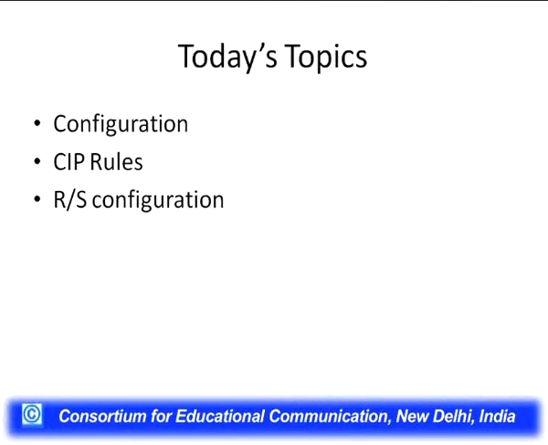We will talk about what configuration is, how we define configuration on the basis of its types, and then deduce the configuration using some rules called CIP rules, and use these rules in determining the absolute configuration, or the R or S configuration, of the molecule.